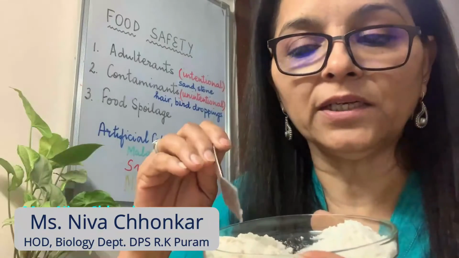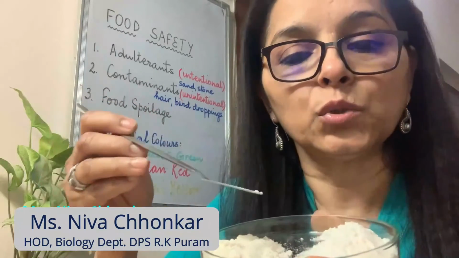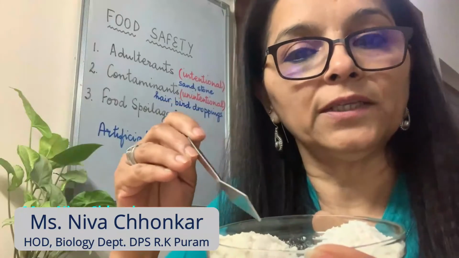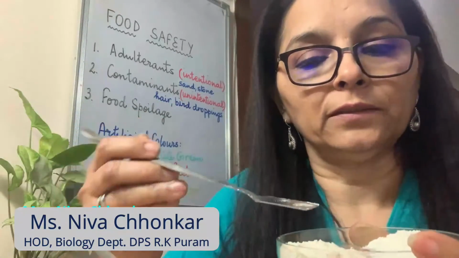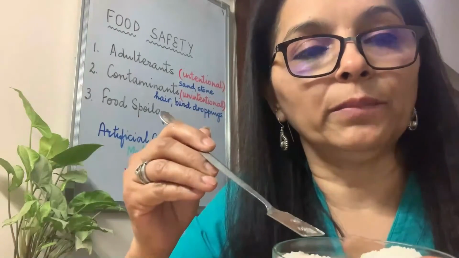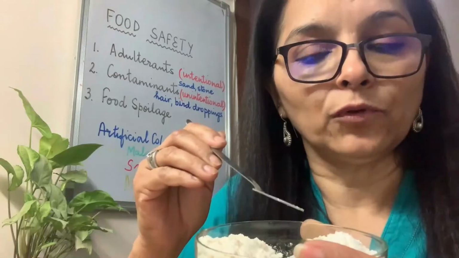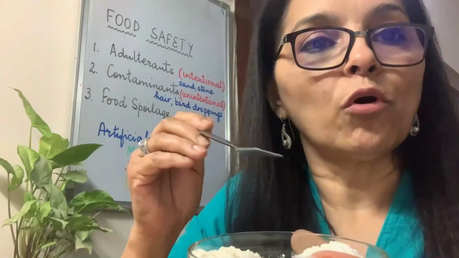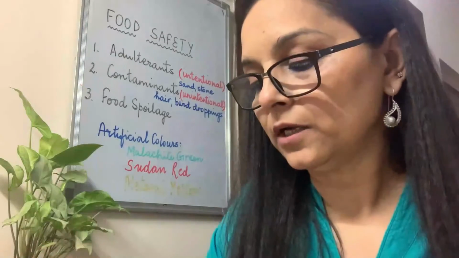But when this maida is mixed with atta as an adulterant, the taste of the chapati that you make with that adulterated atta will be different. The taste of chapati made from pure atta will be sweeter, while the chapati made from atta having more maida will be slightly elastic also. So this is how you can differentiate.